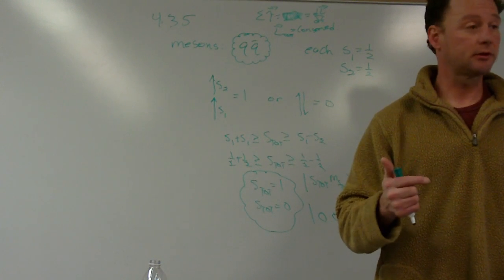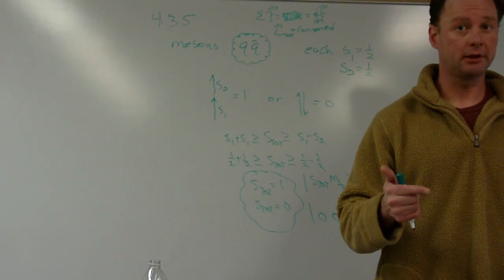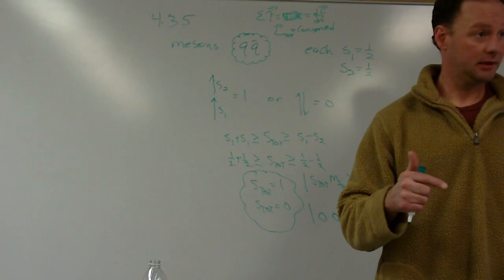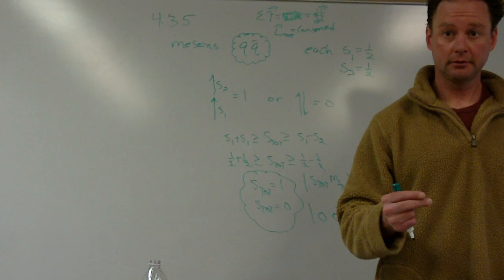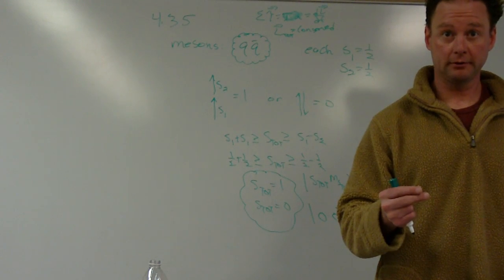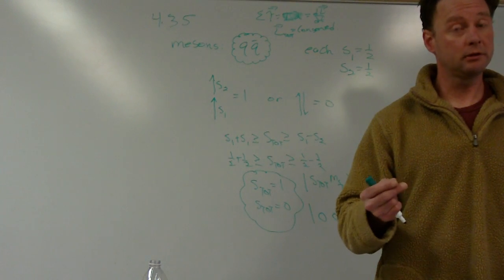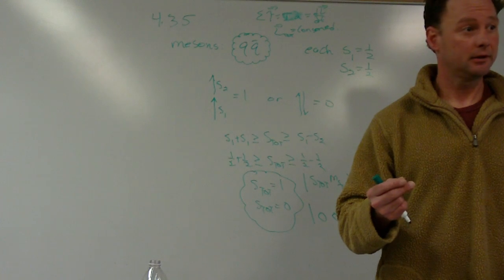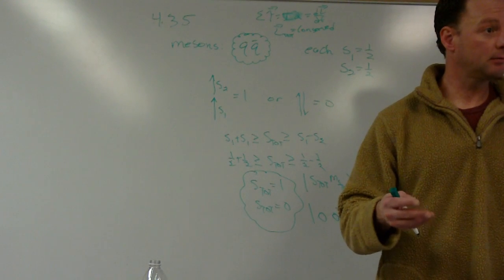What does it come in chunks of? H bar. Spin is intrinsic, right? It just is born with it. But what are the units of it? It's in h bar, it's an angular momentum.